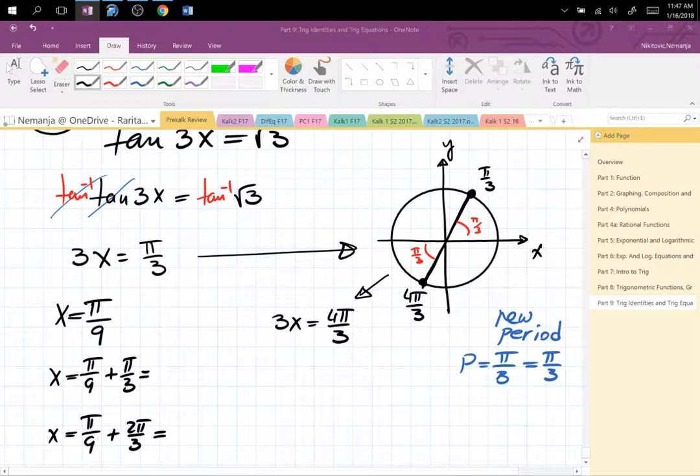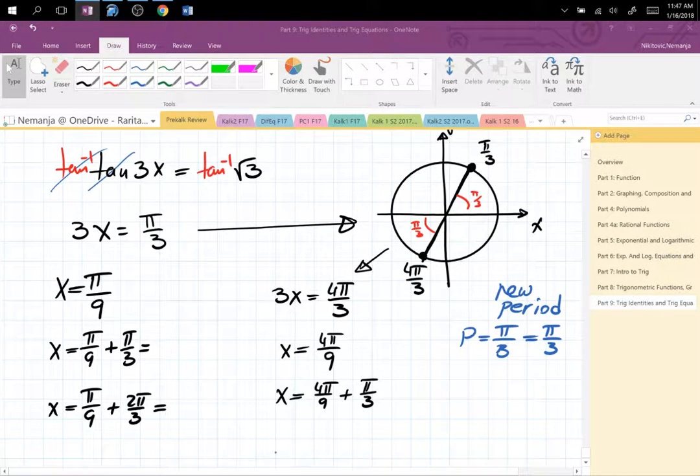Now on the other side, x equals 4 pi over 9. X equals 4 pi over 9 plus pi over 3. And x equals 4 pi over 9 plus 2 pi over 3, which is 2 periods.